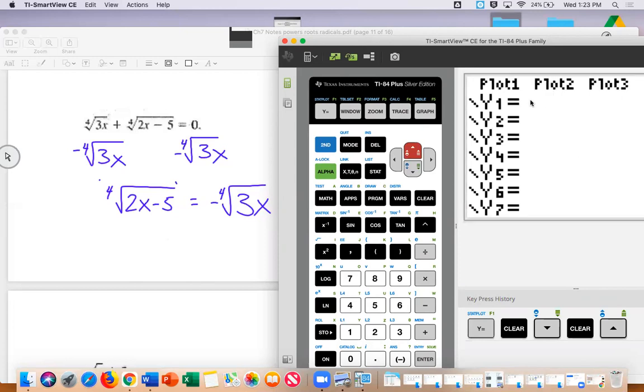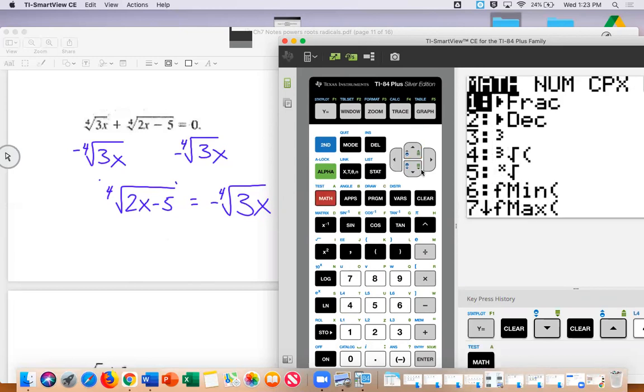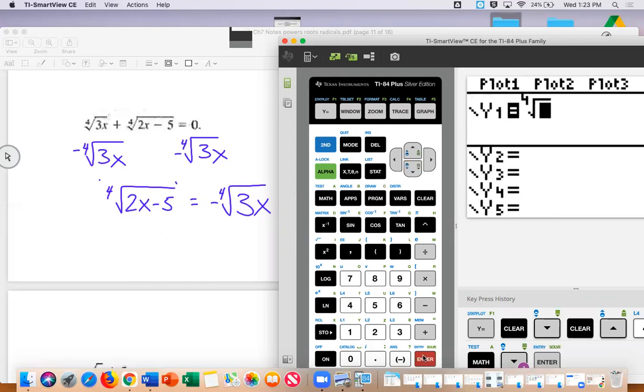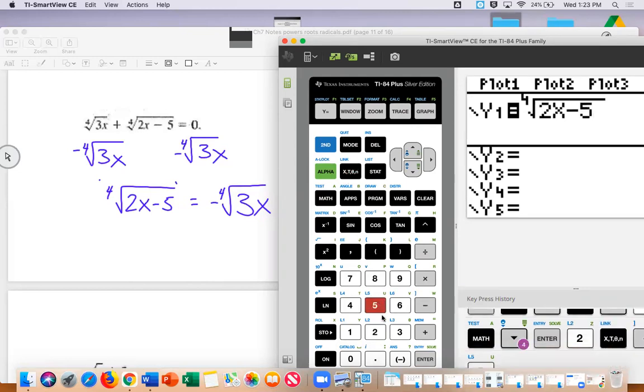So if I type in up here into the first slot, the fourth root, so for math, go down to number 5. Then I type in 2x minus 5. You okay with that, Sarah? Did you already type it in? Oh.